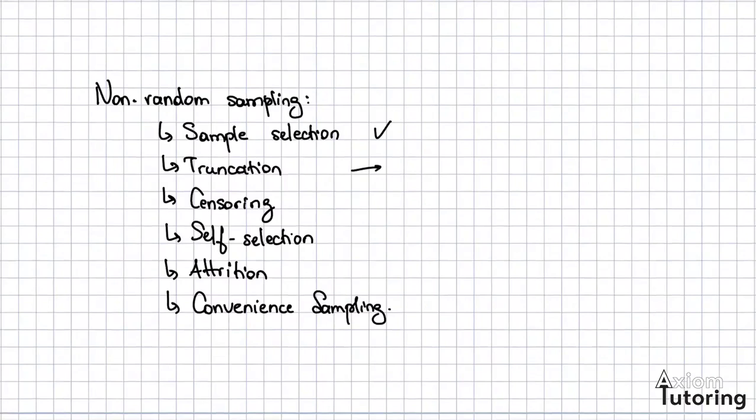With truncation, you are literally only picking certain values. So you draw, let's say, an income distribution, and the people below 10,000 could be completely missing, and above 10,000 are the only ones that are observed. With truncation, observations outside a certain range never appear in the dataset.